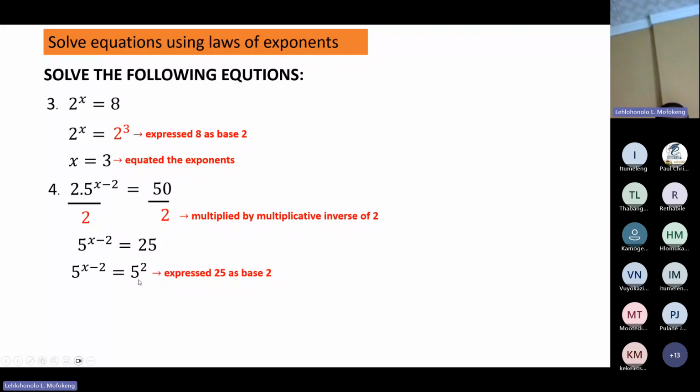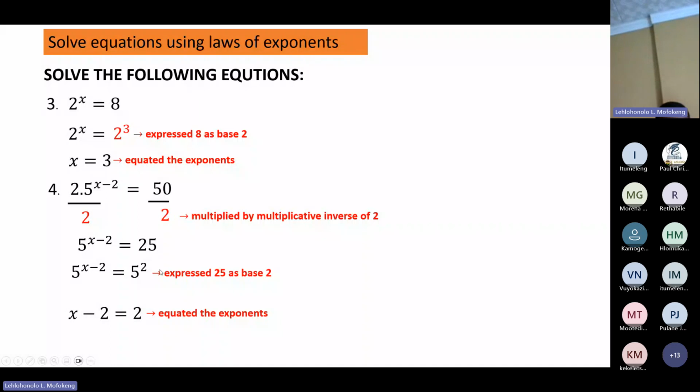Expressing 25 as base 5 gives 5 to exponent 2. Because we have ensured that the bases are the same, now we can equate the exponents. Equating the exponents simply means x minus 2 will be the same as 2.